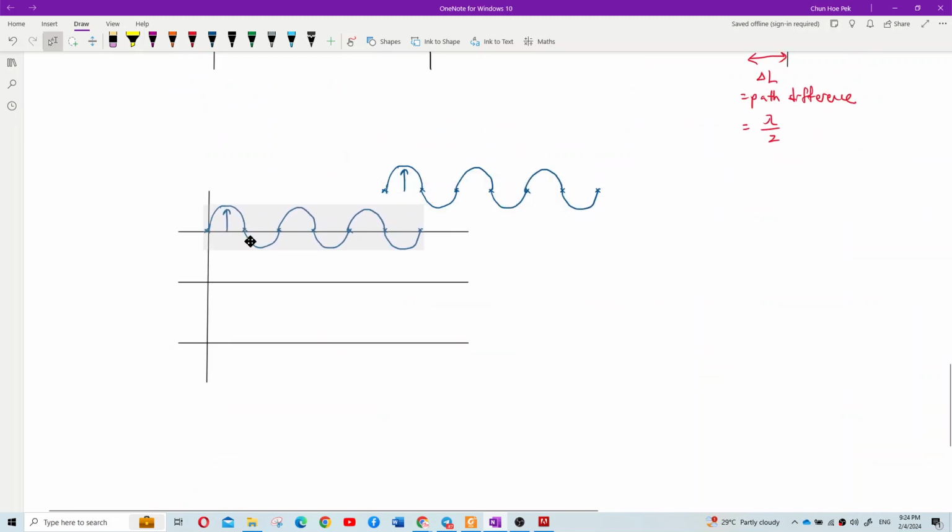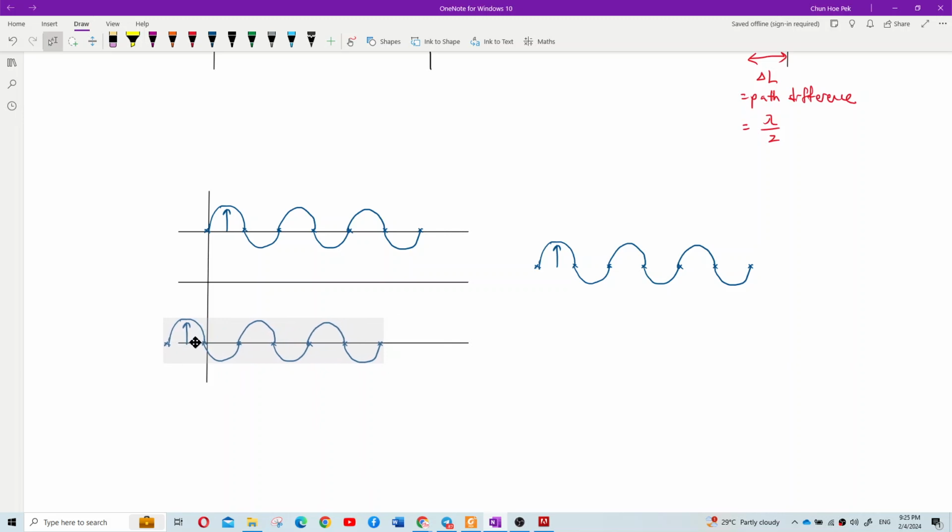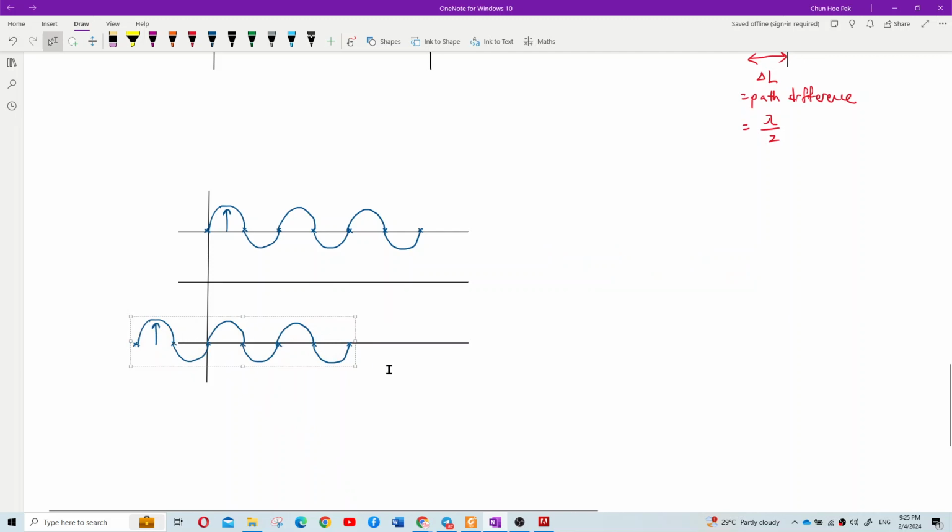Now I put it this way. Another one. This time I add an extra distance of 1 lambda. So I make it longer, here and here. So the wave goes up and then goes down.